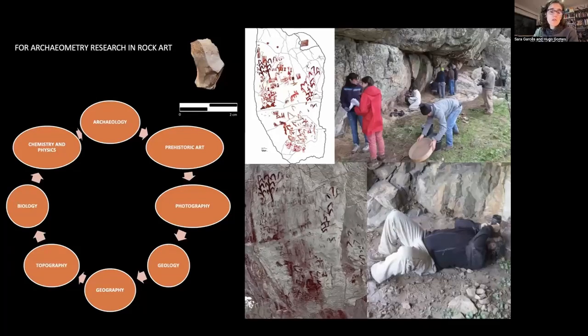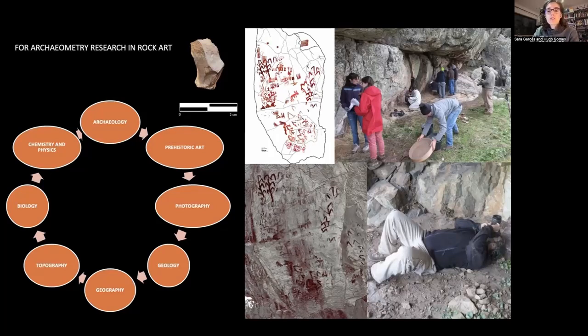But no matter if we are talking about caves or open air sites, working in analysis of pigments or dating rock art or any kind of archaeometric analysis, we can call it a discipline. It's an area of rock art research that involves a lot of different disciplines and knowledge.